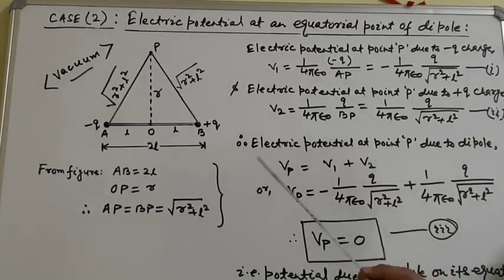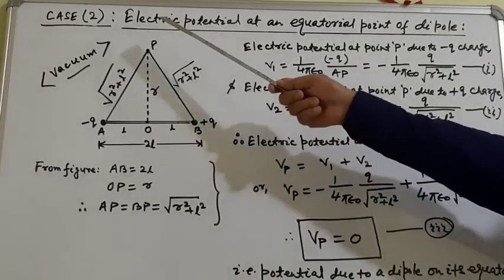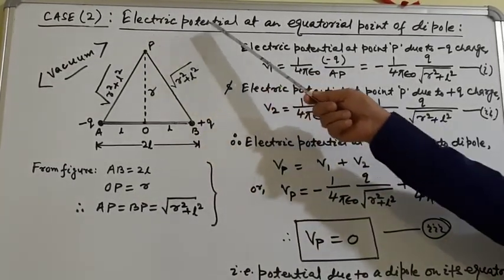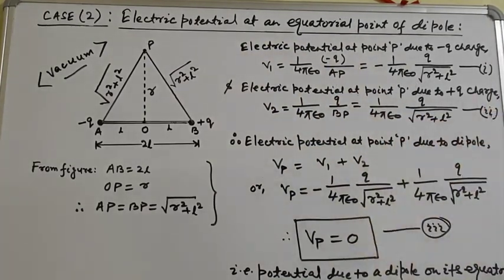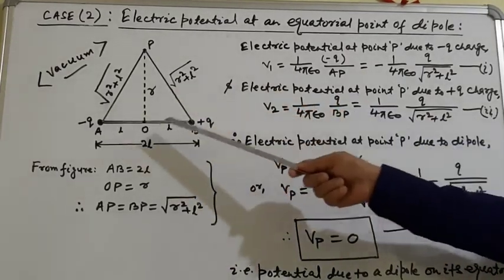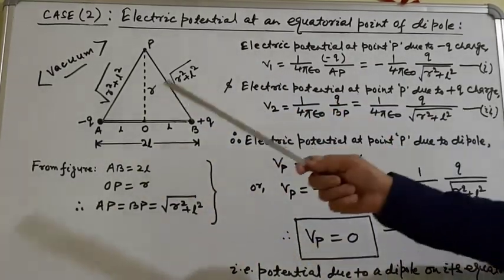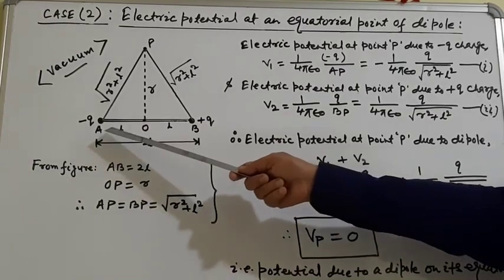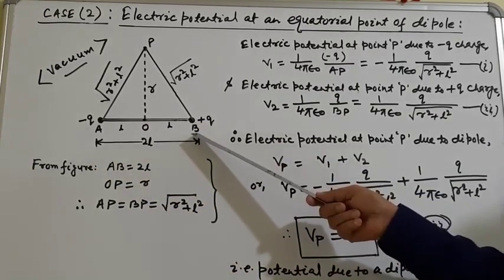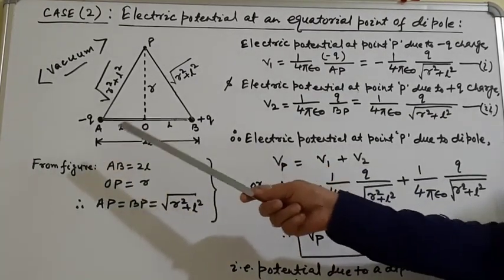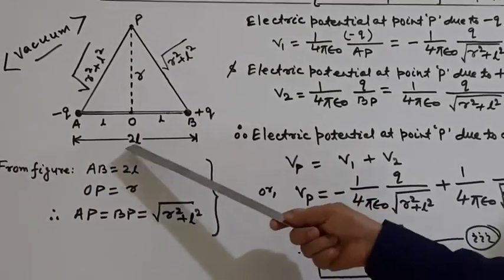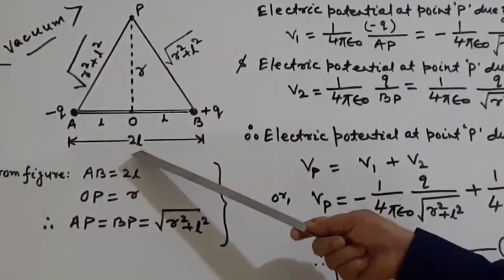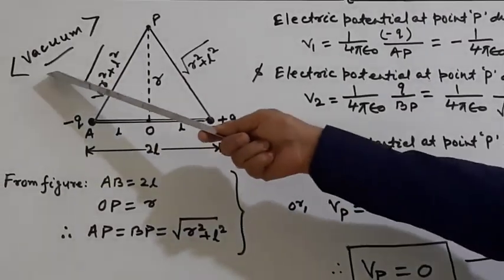Now we shall see the second case, that is electric potential at an equatorial point of the dipole. And here is the figure. See, I have taken AB is a short dipole consisting of two charges, minus Q and plus Q, separated by a small distance 2L, placed in vacuum.